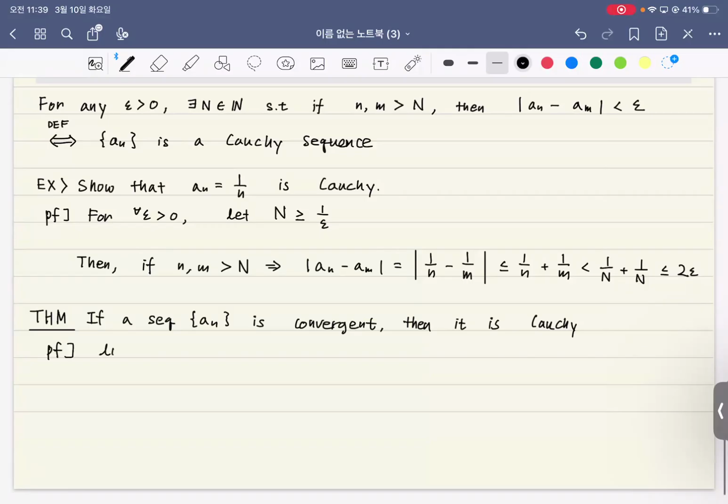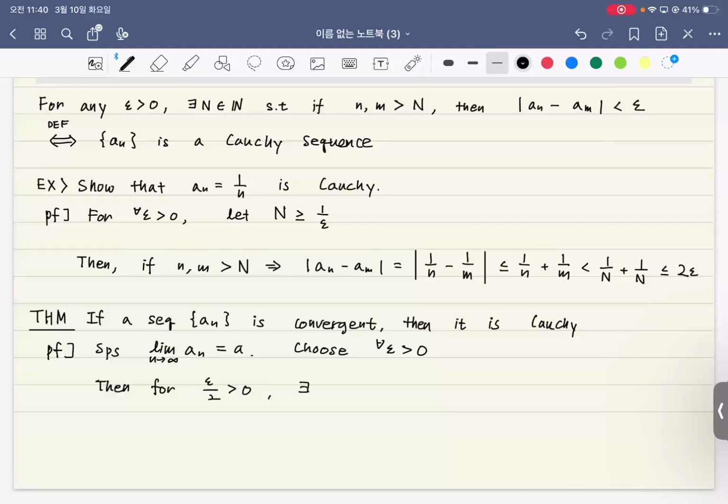Okay, so since a_n is a converging sequence, we suppose that the sequence is converging to some number, which I will call A. Now, for any positive epsilon, I want to divide the epsilon by 2, which is still a positive number.